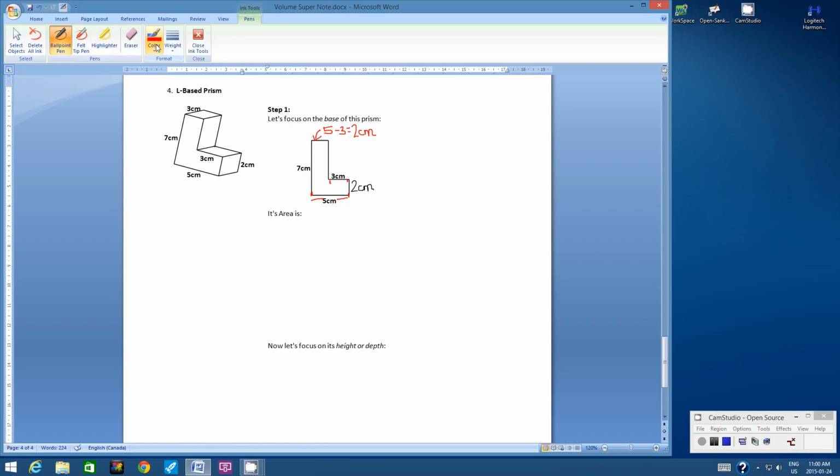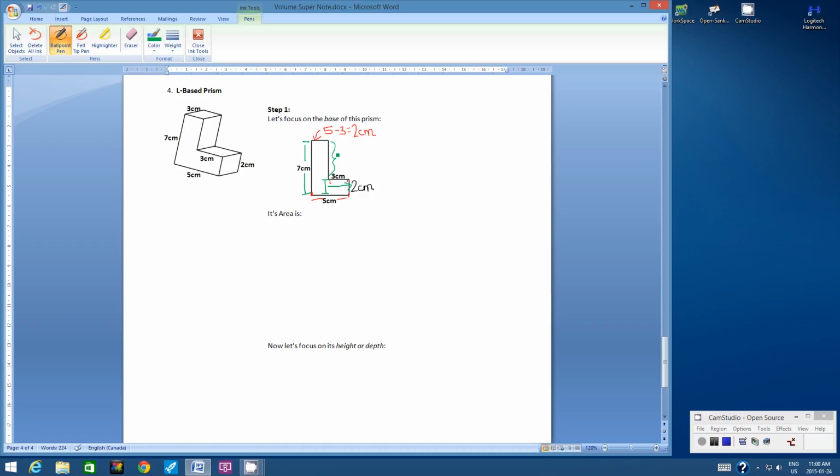Okay, so using that strategy, let's solve for the other missing length, this one right here. We know that the distance from here to here is 7 centimeters. We know that the distance from here to here is 2 centimeters.